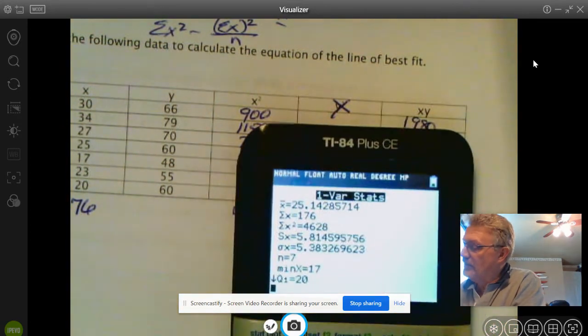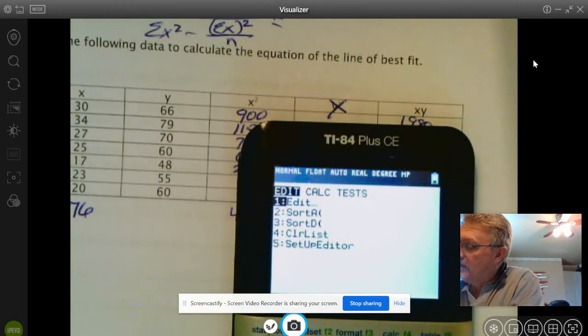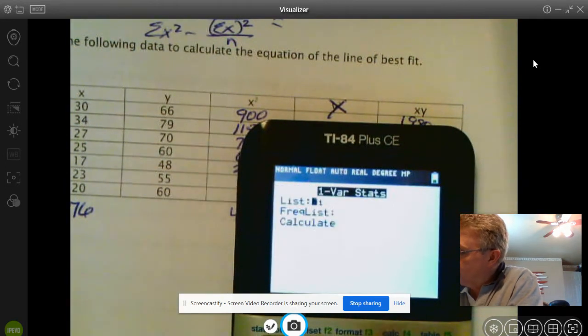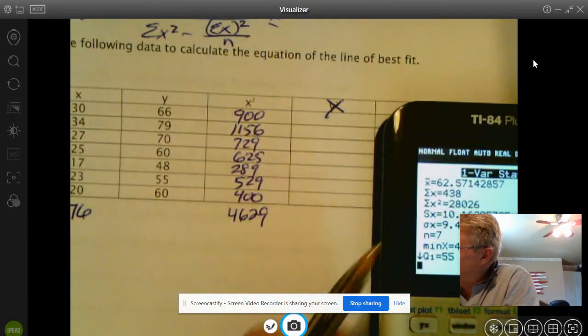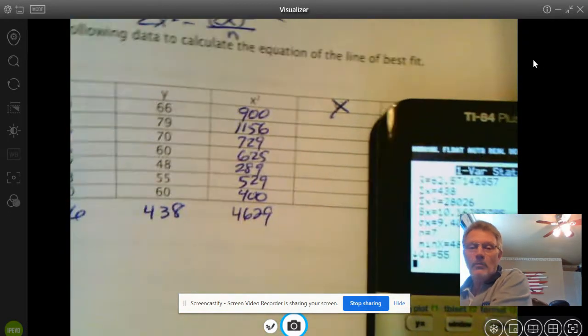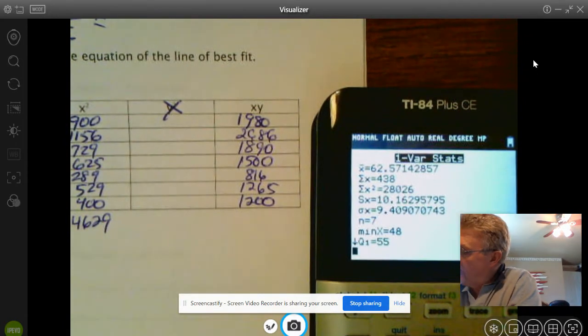Now I need to do one variable stats on list 2. The sum of y's is 438, and I don't need the sum of y squareds. All right, so now I need the sum of xy.